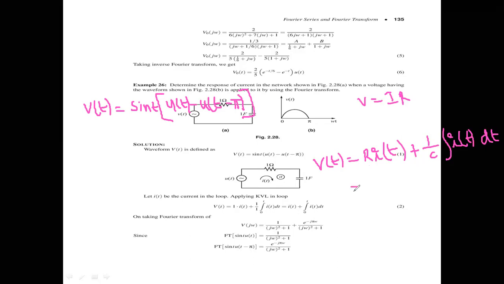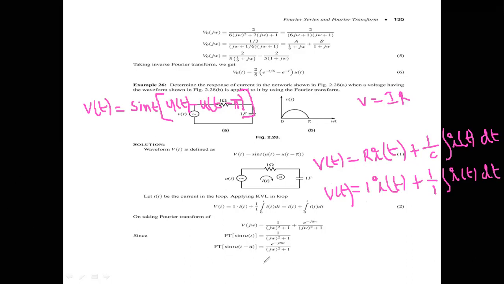What is R here? 1 into I of t plus, and what is the C here? 1 by 1, integral of I of t dt is equal to V of t. Okay, my dear students, what is V of t? Sin t mu of t minus mu of t minus pi is equal to I of t plus the integral of I of t dt.